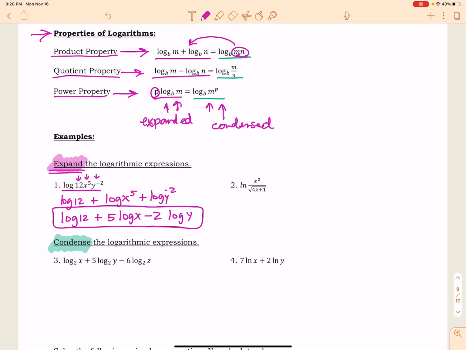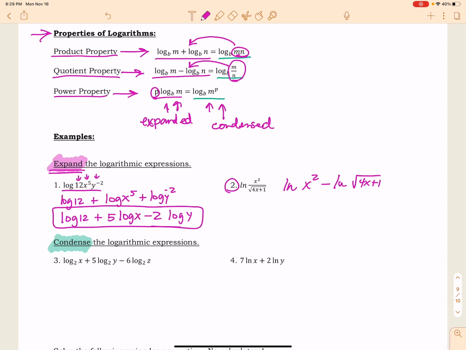Okay, so I'm going to look at number 2 here. I have natural log of x squared over the square root of 4x plus 1. So obviously this is division here in the condensed form, and I need to use subtraction to expand it. So that is going to change to natural log x squared minus natural log square root of 4x plus 1.